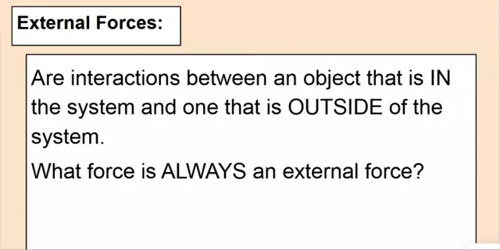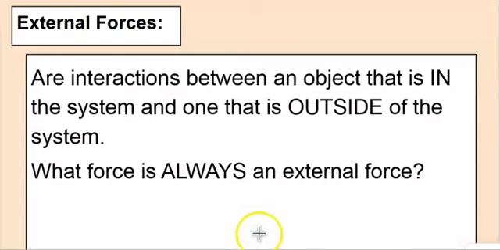External forces are interactions between an object that is in the system and one that is outside of the system. So when Lucas got out of the van and pushed on the van, he then became an external force. There is one force that, for the most part, for us in this class, one of the forces you already know, we must never forget this, is always an external force.